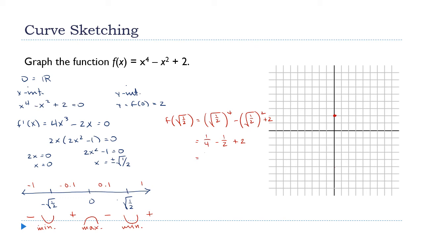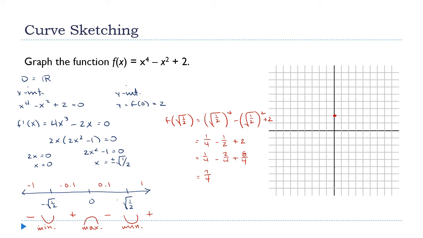So 1/4 minus 2/4 plus 8/4. That is 7/4. Okay, 7/4 is just a little bit less than 2. So this is going to get scrunched in there pretty much.